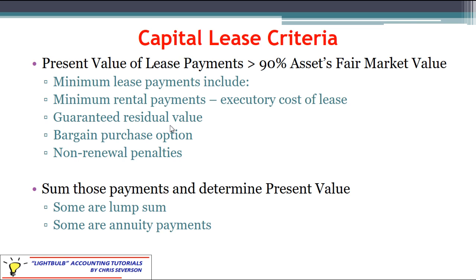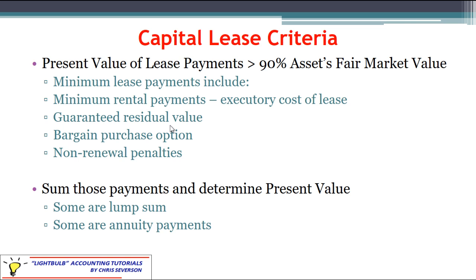We're not going to destroy their rental car and give it back to them and it has no value to it. Bargain purchase option. This is part of the minimum payments we can include, and any sort of non-renewal penalty. So if this lease was set up in 5-year increments, and if we didn't renew it, if there's some sort of penalty built in, that would be part of our lease payments as well. So essentially we take all of these lease payments and we find the present value of those lease payments.